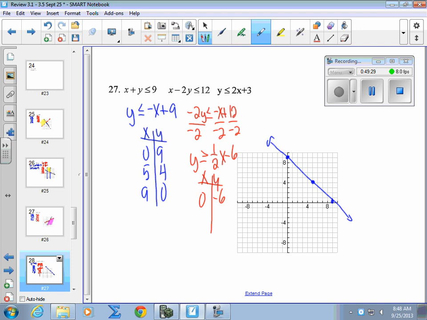If I plug in 2, I get negative 5. If I plug in 4, I get negative 4. Is that correct? If I have 0 and negative 6, I have 2 and negative 5. I have 4 and negative 4. On top.